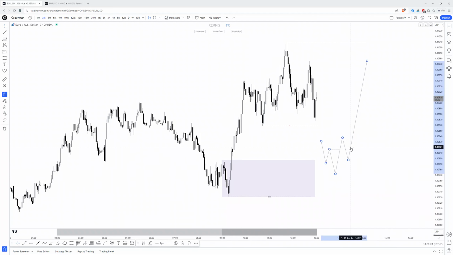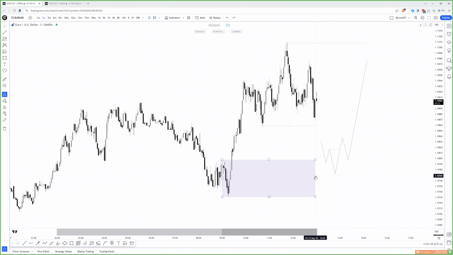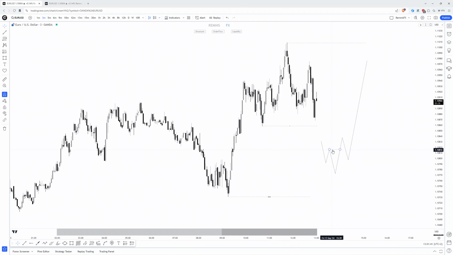Obviously if none of those happen, we should be patient and wait until our major inducement is taken out, and perhaps we could then look for a similar proper buy setup like that, or we could go just with one of our entry type models, right?